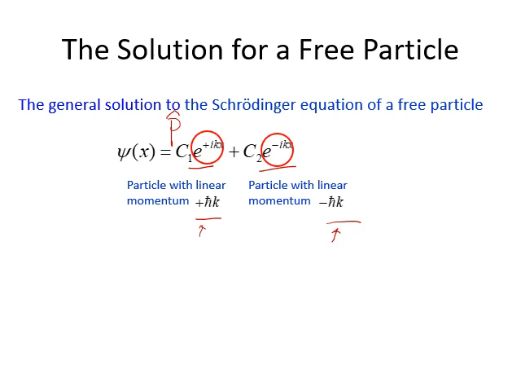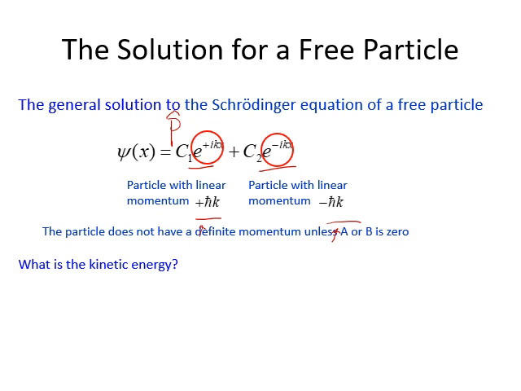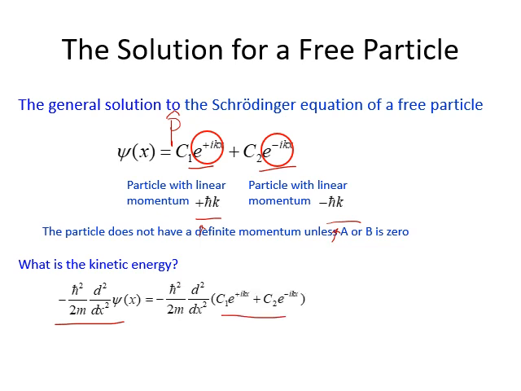Now, what about kinetic energy? To find the kinetic energy, we apply the kinetic energy operator, which is the second-order derivative, to the wave function. When we do that, we get the function back, and the number in front of it is the kinetic energy.